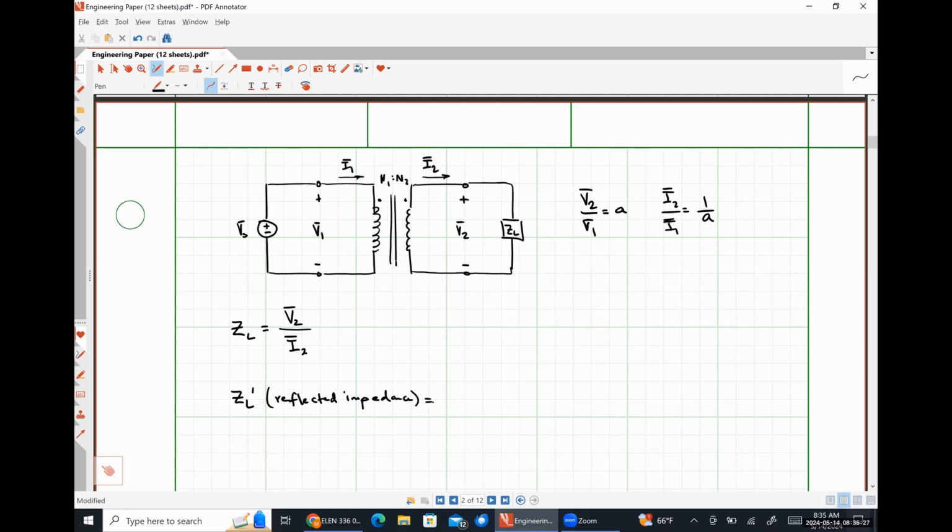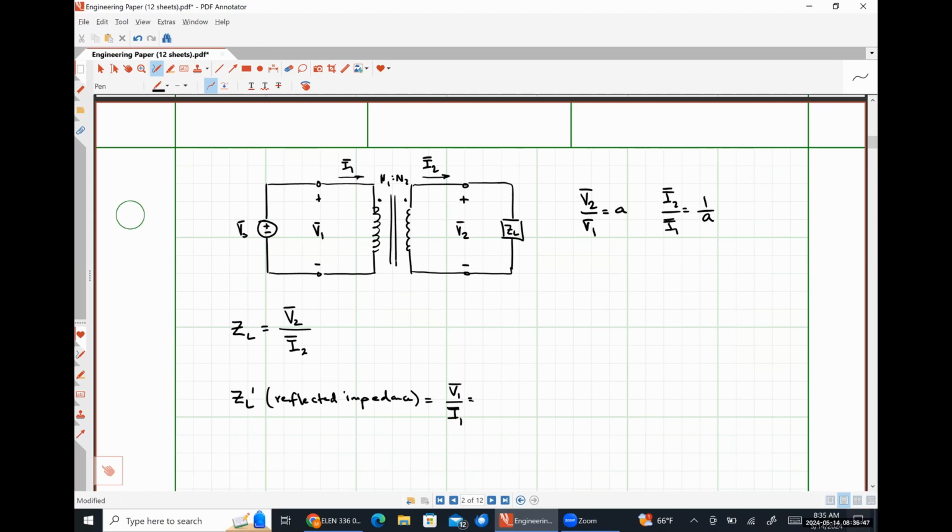ZL prime is just going to be the ratio of V1 over I1. Well, we know that we can express V1 in terms of V2 because we have an ideal transformer, right?